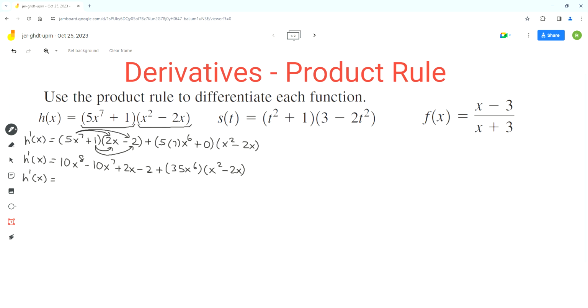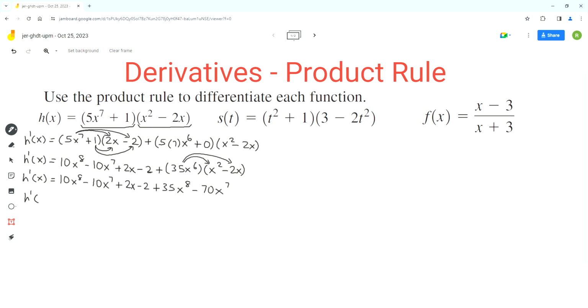So the first four terms will stay as they are, 10x exponent 8 minus 10x exponent 7 plus 2x minus 2. Now here we can distribute 35x to the 6 into the parentheses. So we get plus 35x exponent 8 minus 70x exponent 7.